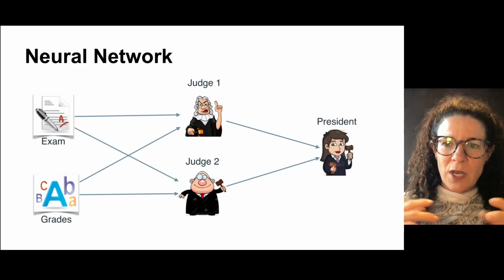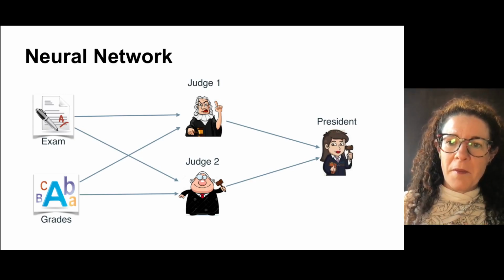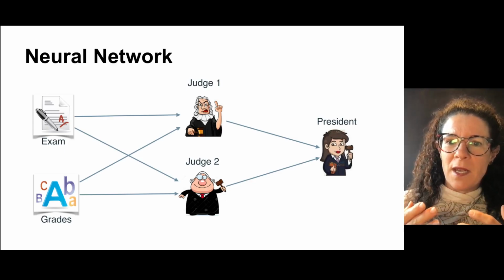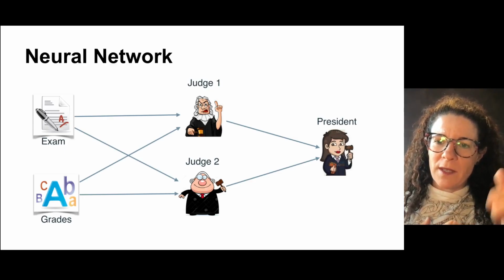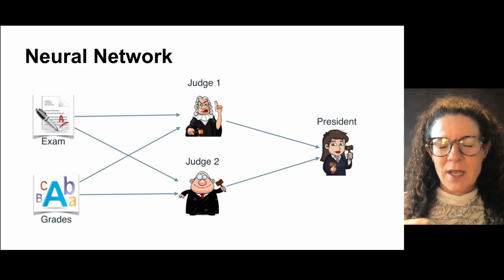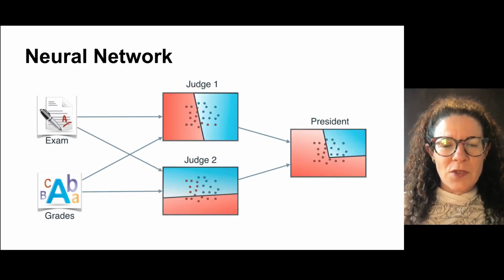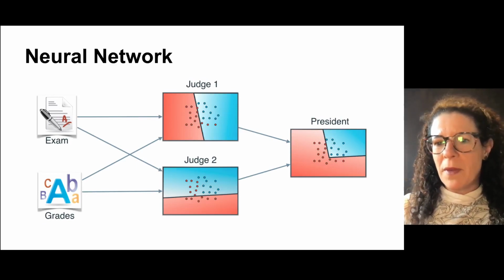And then there's going to be this president that is going to combine by another linear boundary. It's going to take as an input the score from judge 1 and the score from judge 2, and it's going to have another linear boundary, and that's going to be the output at the end. So this is how it may look.